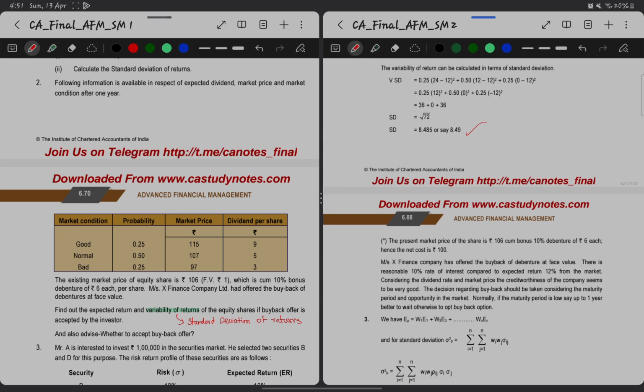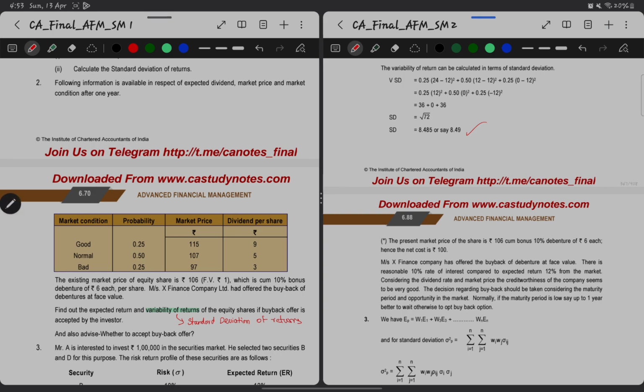The possible signals of this buyback are: the company may have surplus liquidity, or it is trying to reduce the ongoing interest cost it is paying on the debentures, or it is trying to improve some leverage ratios and clean up the balance sheet, by reducing the debt and increasing the equity. This might be the possibility.